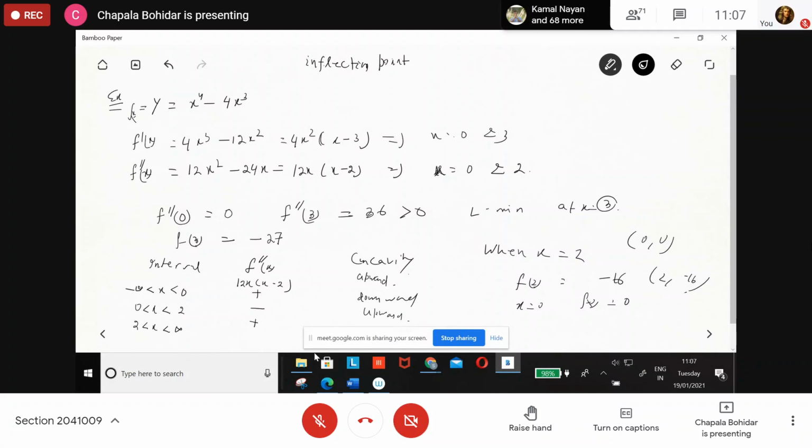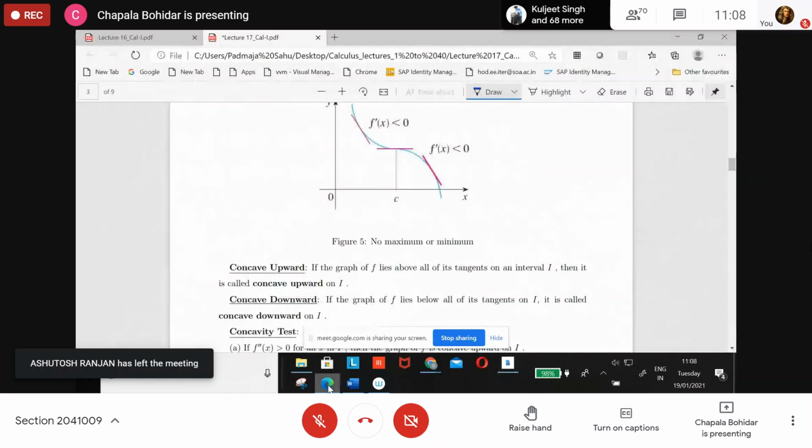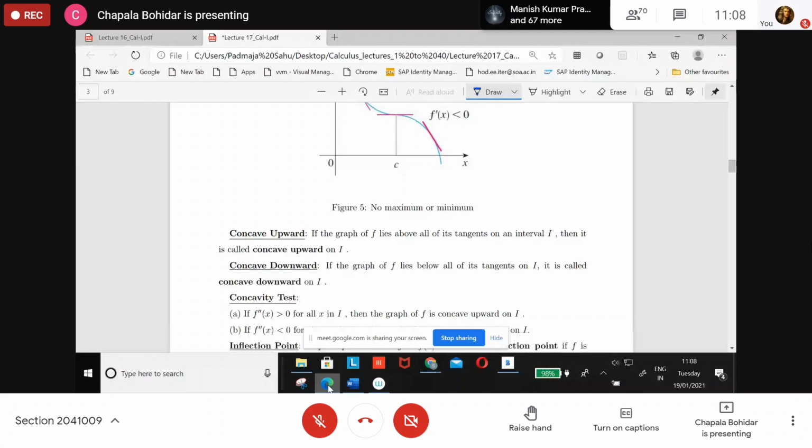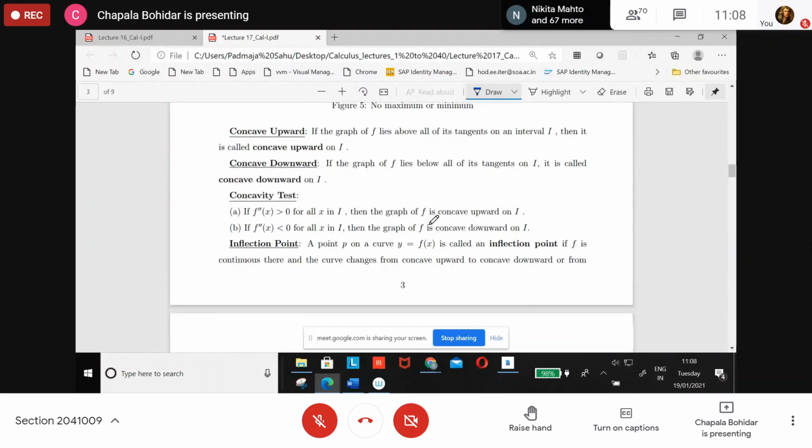Okay. Then come to the exercise problem. I don't know what is in your exercise. Let us see. Graph, concave upward, concave downward, concavity test, inflection point, all these things, all of you have written.